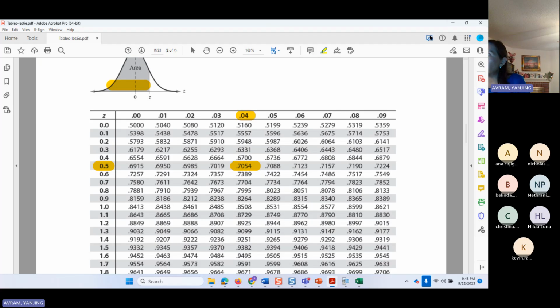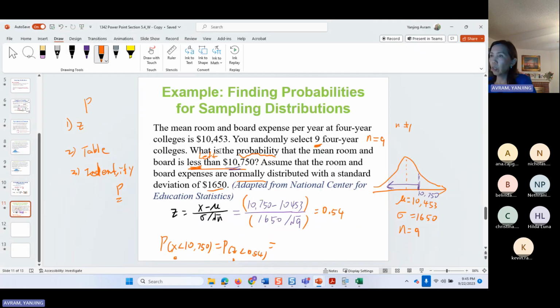You have 0.7054, or if you convert it into a percentage, that would be 70.54% chance. So if you randomly select 9 four-year colleges, the mean room and board less than 10,750 will be a 70.54% chance.